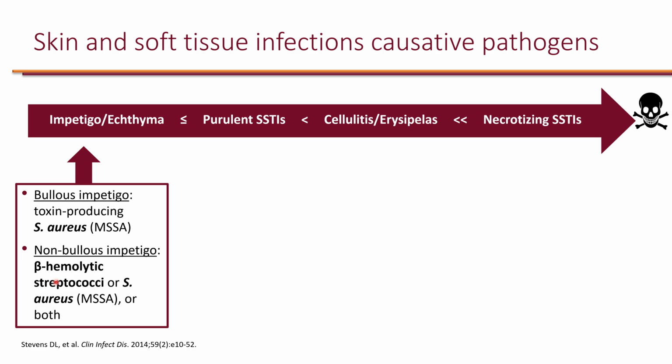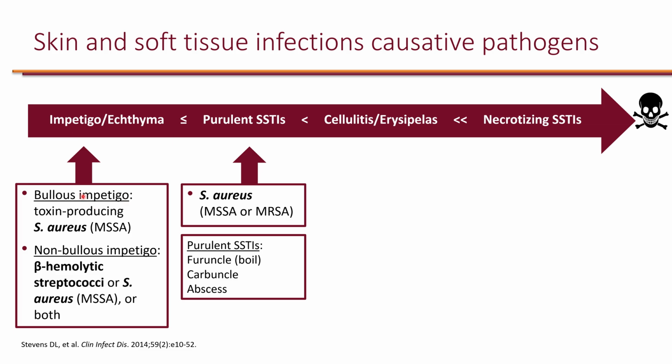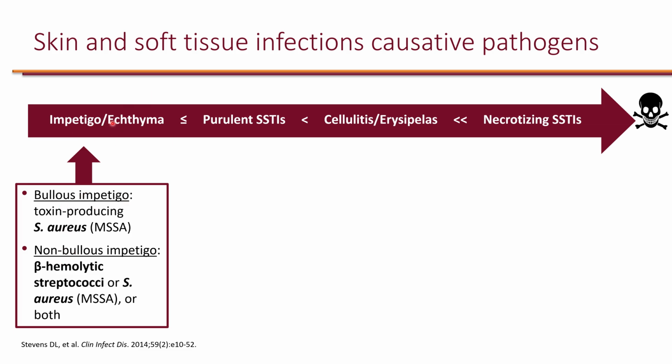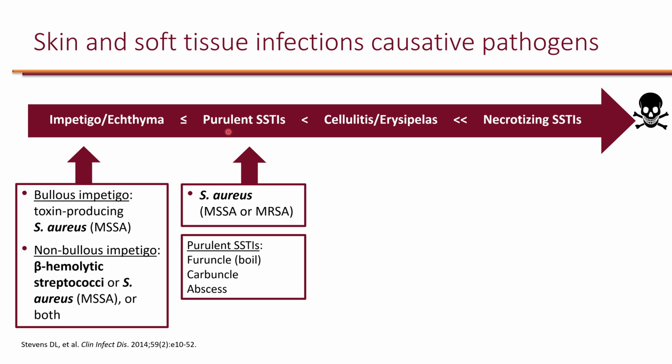So that's essentially group A strep, Streptococcus pyogenes, or Staph aureus, or both. And that's still MSSA. So it's not necessary to cover MRSA for these superficial infections. I should mention this is the same for ecthyma as well.